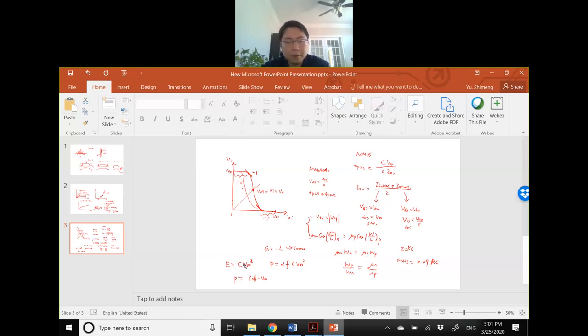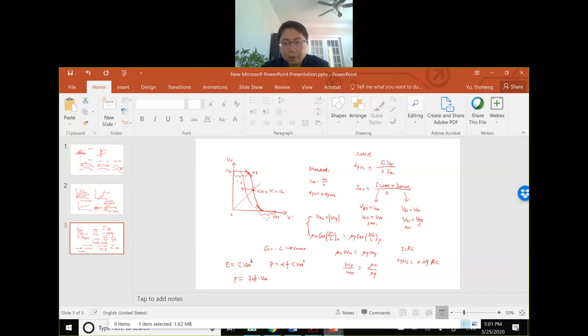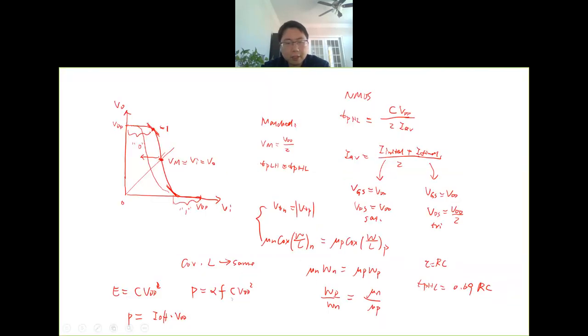So in total it is CVDD square. And then the dynamic power will be this energy multiplied by the clock frequency. Sometimes we have alpha here representing the activity factor. This is the switching activity, because not every cycle you are going to switch. So the probability of the switching is given by this alpha.